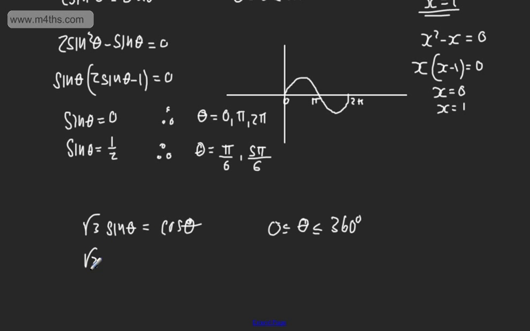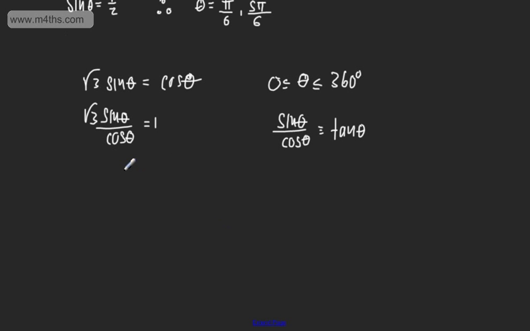So if I did this, I could say root 3 sine theta over cos theta will be equal to 1. We know that sine theta over cos theta gives me tan theta. This is an identity. So I'm not losing solutions, I'm simply rewriting an identity. So we could have tan theta is equal to 1 over root 3.